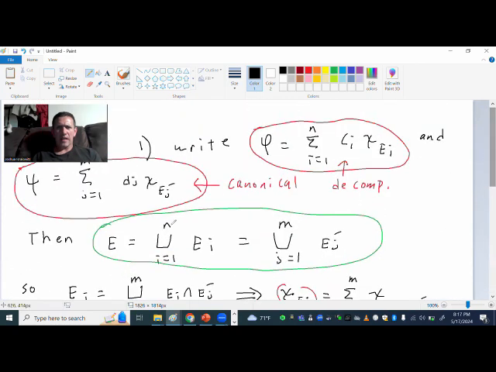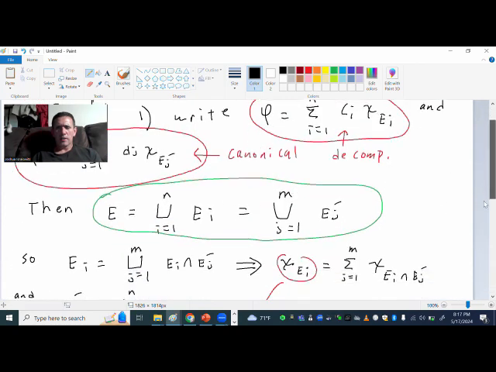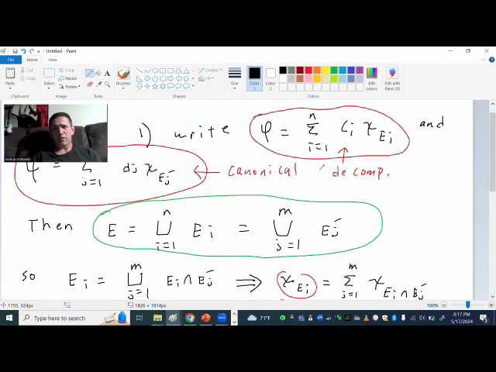Again, it follows exactly from this here, which again follows from the canonical decomposition, both of these.